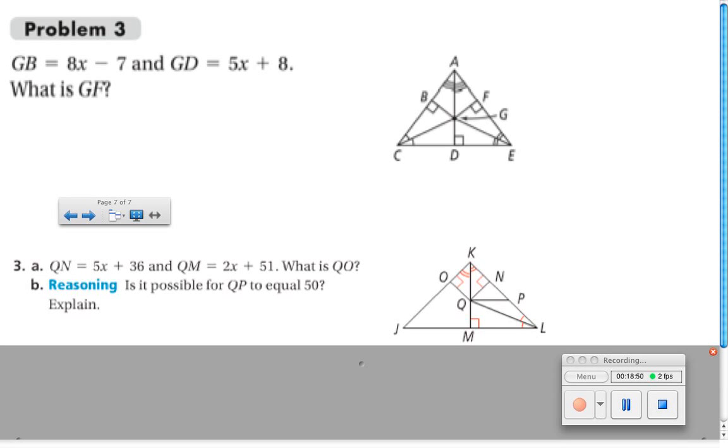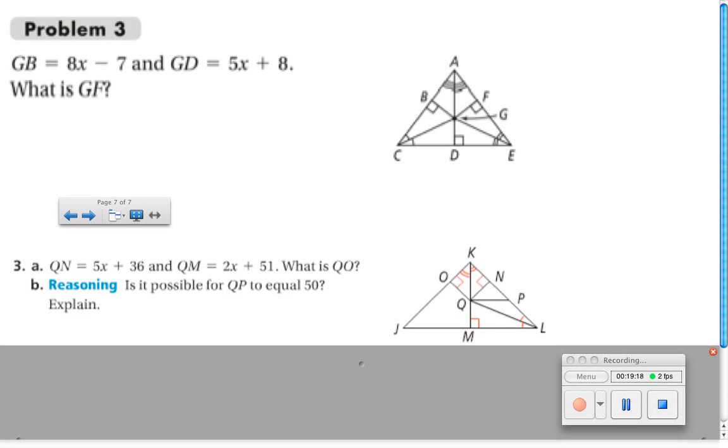In problem 3, notice in the diagram what kind of markings there are. Notice that all of the angles of this triangle have been bisected, and that those angle bisectors are all intersecting at point G. And then from G, they've drawn GB, GF, GD, all perpendicular to the sides of the triangle.